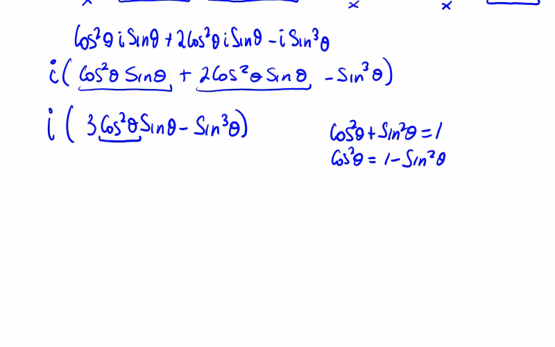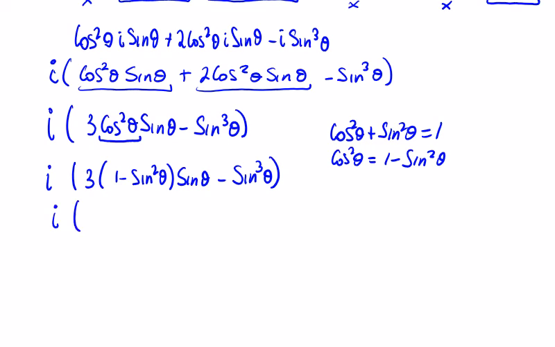So let's see, will that help us in here? We're going to have i times 3 times 1 minus sine squared theta, and I still have that sine theta there, minus sine cubed theta. So we're going to have i times 3 minus 3 sine squared theta by sine theta, minus sine cubed theta.